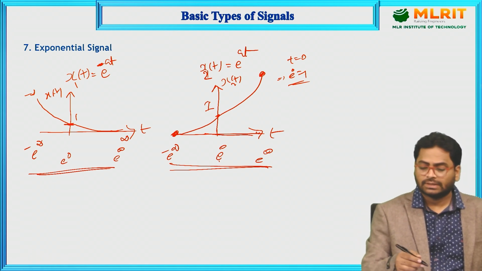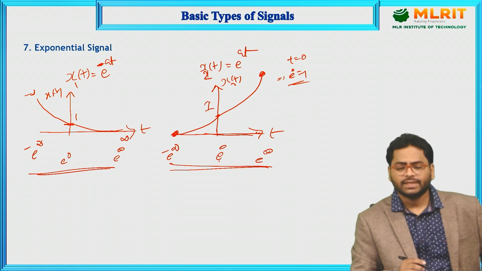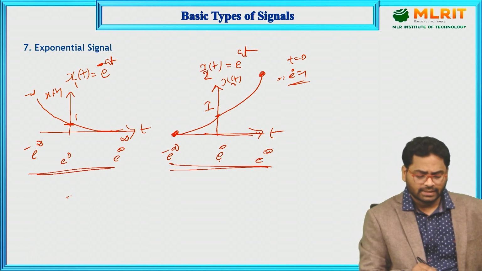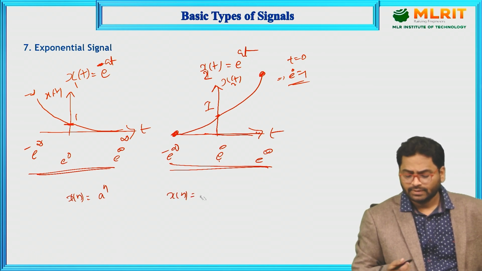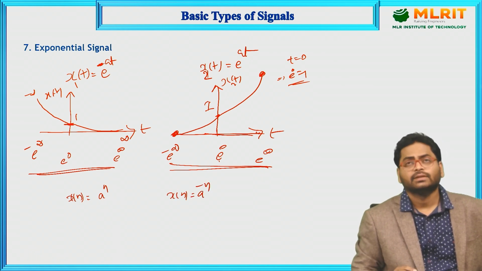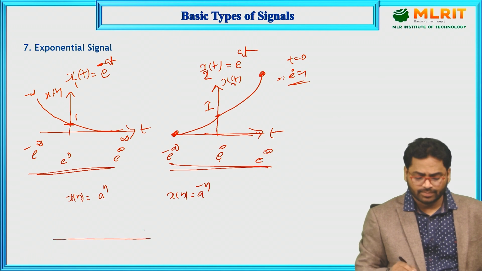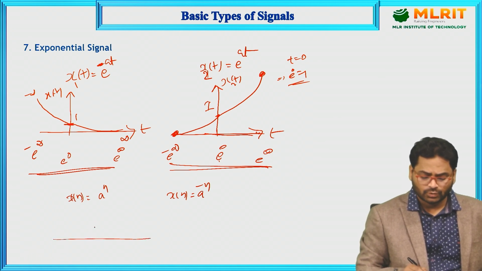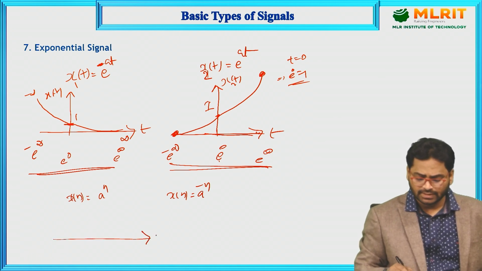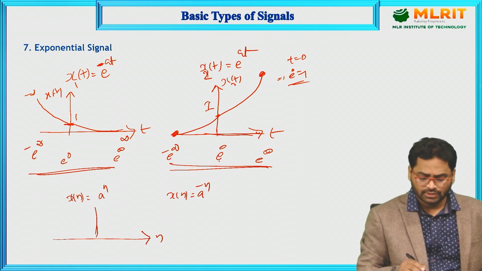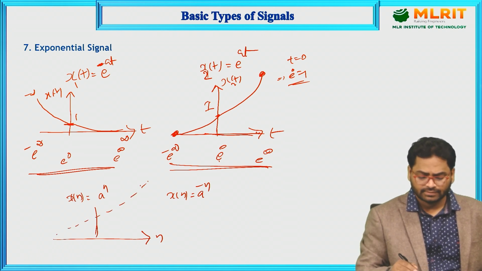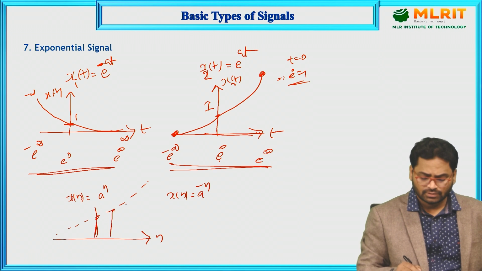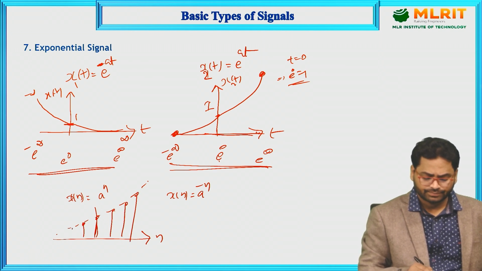These are all in the continuous domain. If you look at the discrete domain, you can call it x of n is equal to a power n, and x of n is equal to a power minus n. These are the two signals. A power 0 is 1, so a power n is an exponentially rising signal, and you will get discrete values.